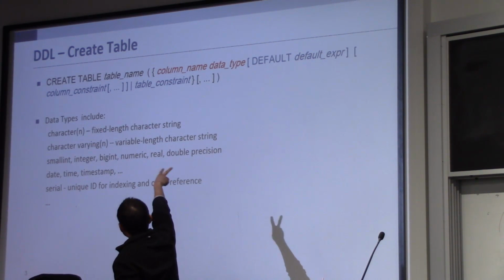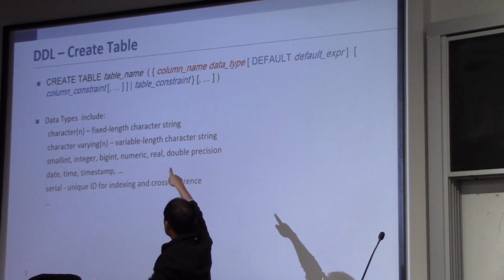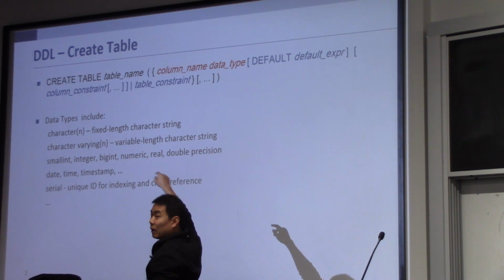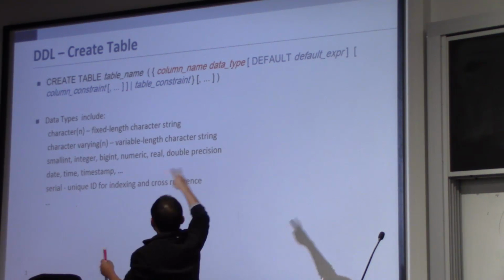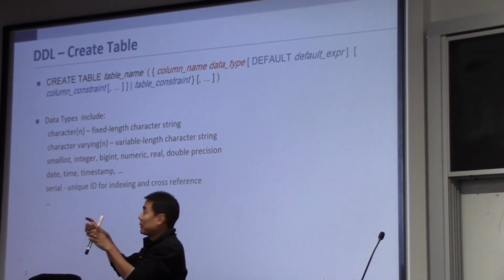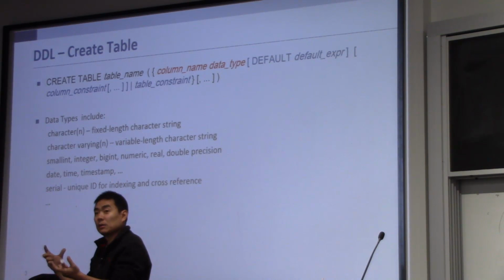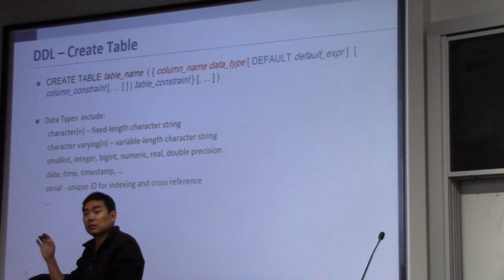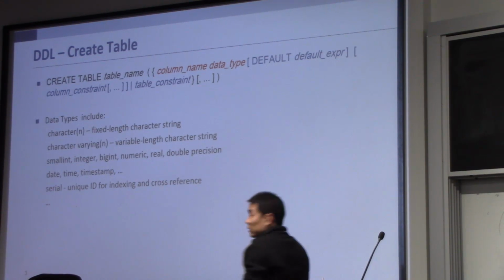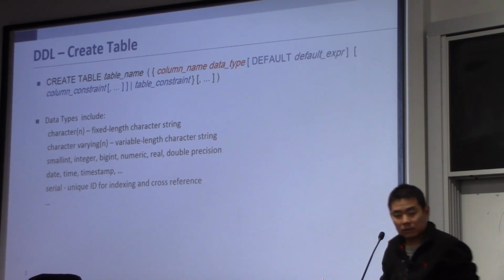So the way you read this is you're going to have a set of column name and data type. And for each column name and data type, there could be some default expression. There could be a column constraint. Those are optional. That's the way you read this expression. Does that make sense? It's a typical regular expression format.